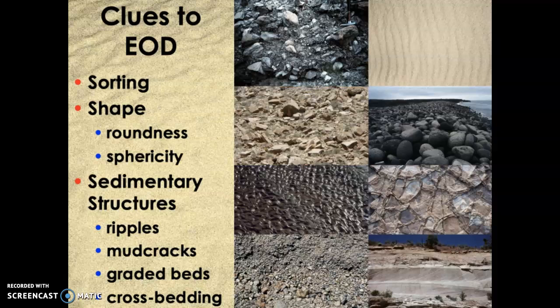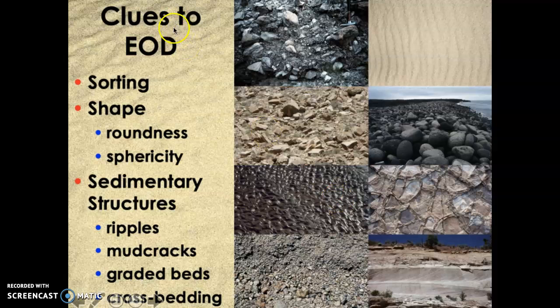As we go through these different environments of deposition, I want you to think about the characteristics of sediment in each of those environments. Every environment of deposition has its own set of conditions, and therefore results in different collections of sediment and different types of sediment being deposited.